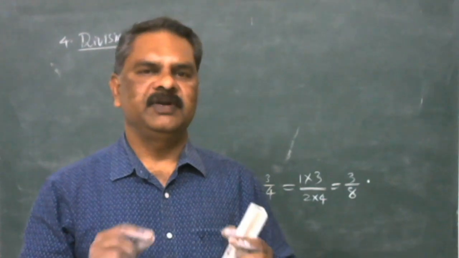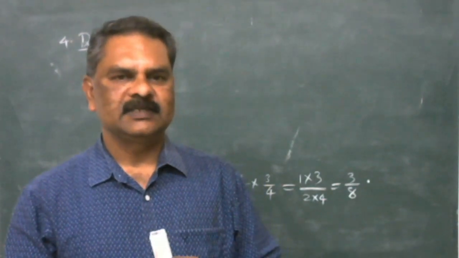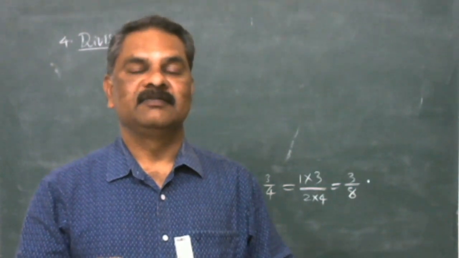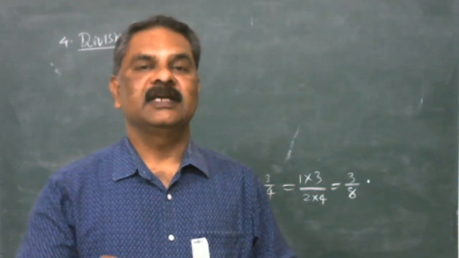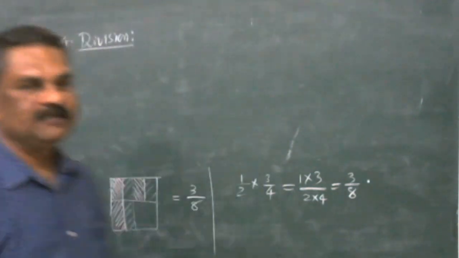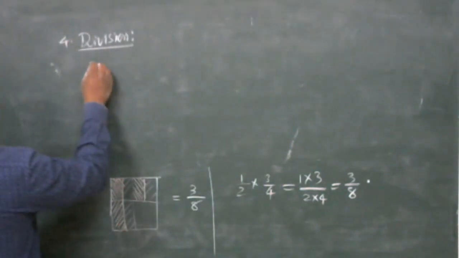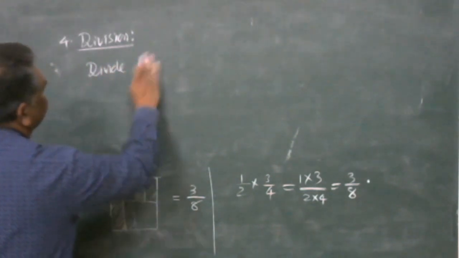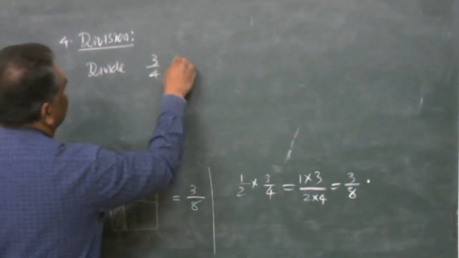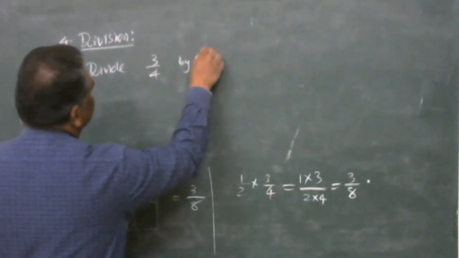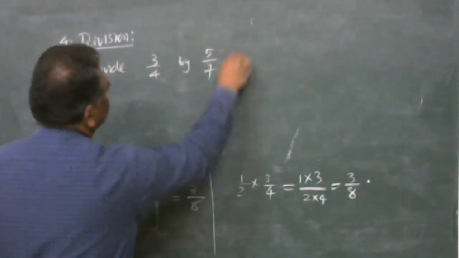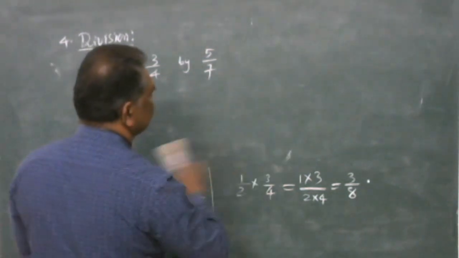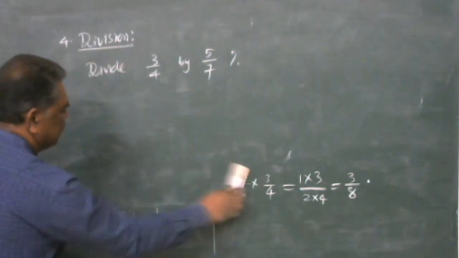So if you want to divide one fraction by another fraction, you need to multiply the first fraction with the reciprocal of the second fraction. Okay, for example, divide, maybe let me take 3 by 4 divided by maybe 5 by 7. How do you do it?